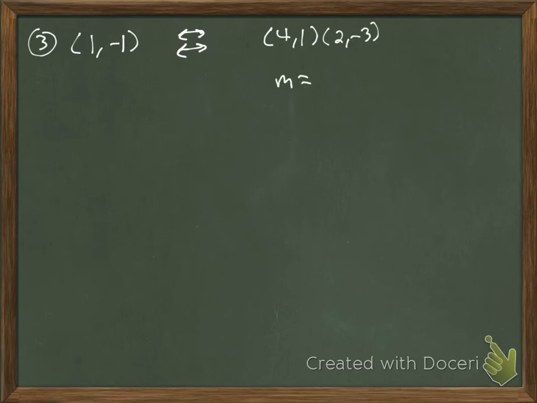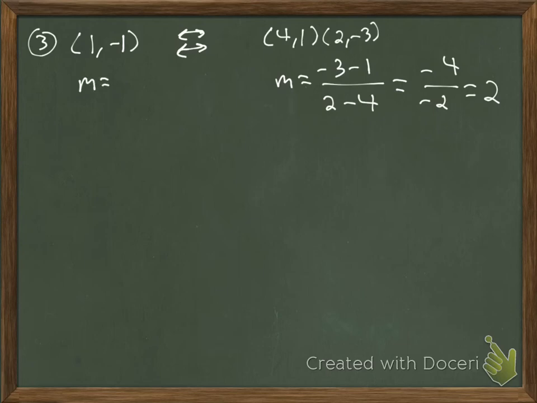So we got m equals -3 minus 1 over 2 minus 4. So that would be -4 over -2. Should be a slope of 2. All right, so now that I have a point and a slope, what formula can I use, Grant?